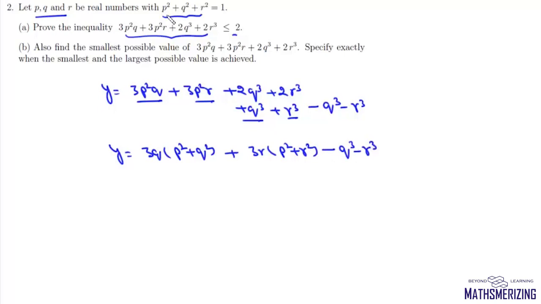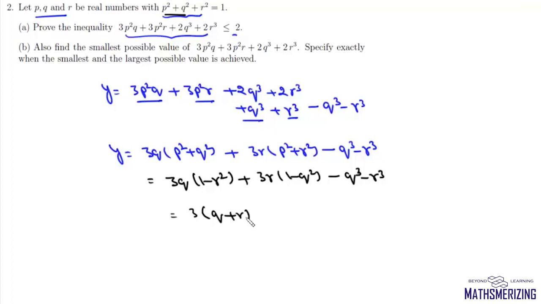Now p square plus q square is 1 minus r square, so we can write this as 3q into 1 minus r square, and here will be 3r into 1 minus q square, and minus q cube minus r cube. So it will be 3 into q plus r and then minus this q plus r whole cube.